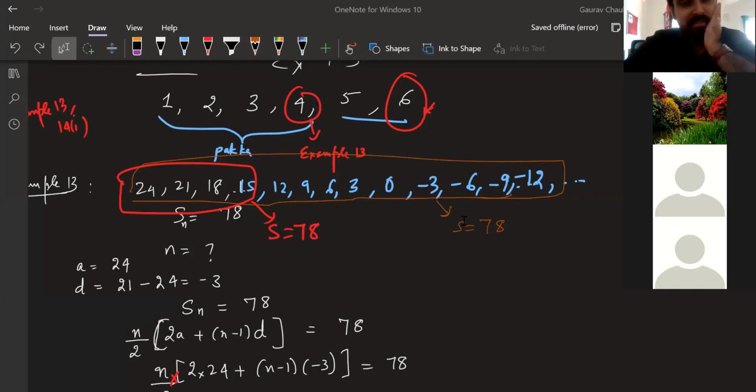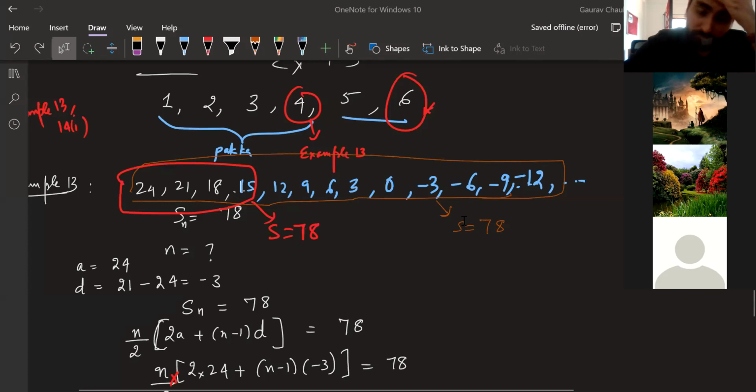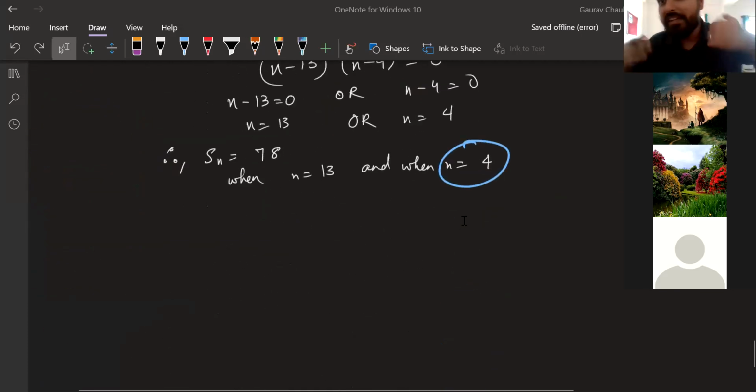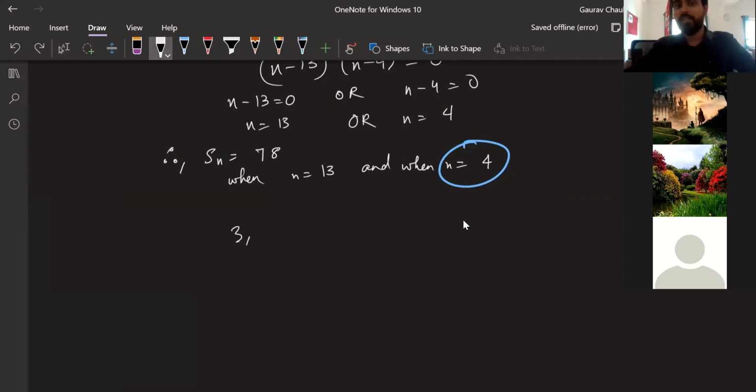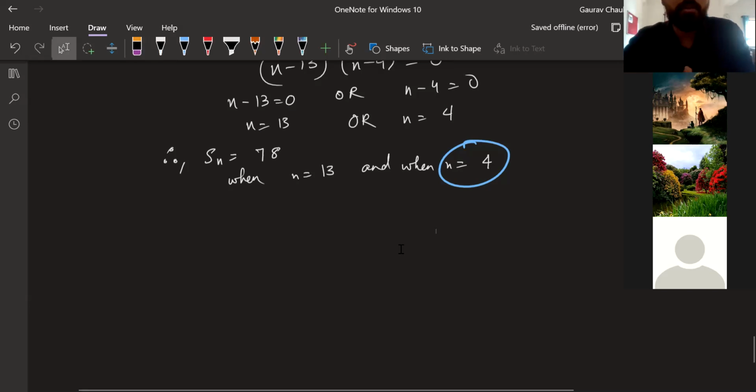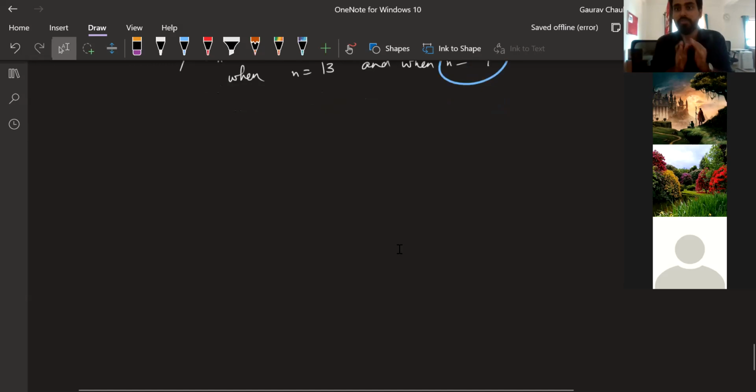Does this help you, our discussion right now? Yes, sir. Okay. It might not happen always. If it is a simple AP going in the positive direction only, like 3, 6, 9, 12, and so on, then only one value of n might fit. But if it's going in the negative direction, then more than one value of n might fit. Not always, but might. Definitely you have to take the positive value only because you're counting.